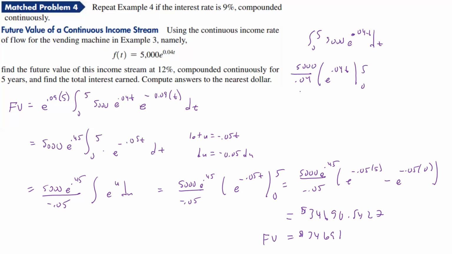So 5,000 divided by 0.04 is going to give us 125,000 again. So we'll have 125,000 times e to the 0.04 times 5 minus e to the 0.04 times 0. And if we multiply all that, we get e to the 0.2 minus 1.